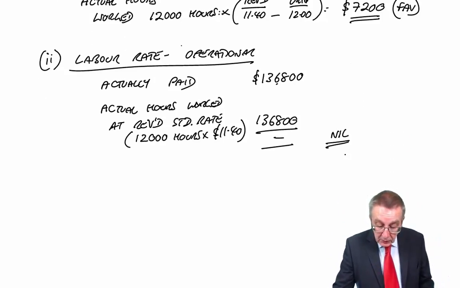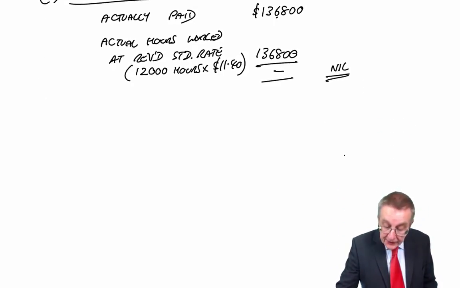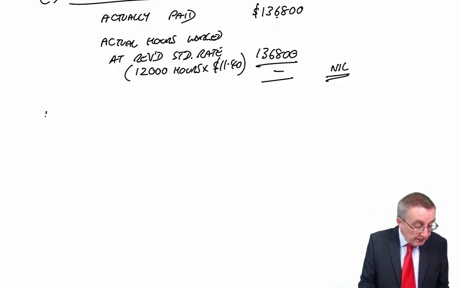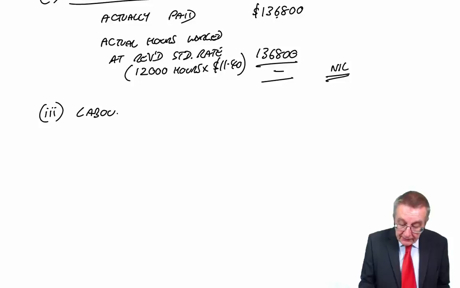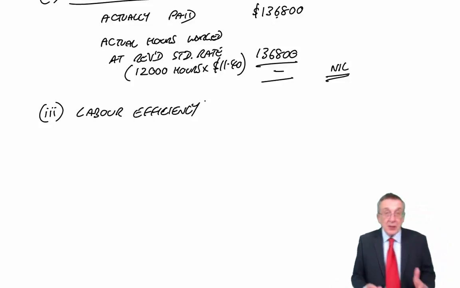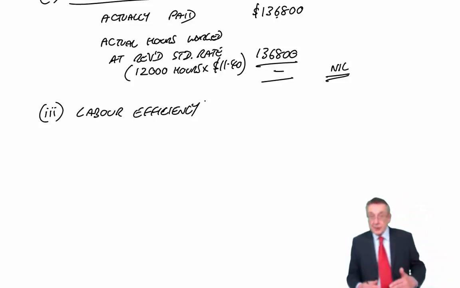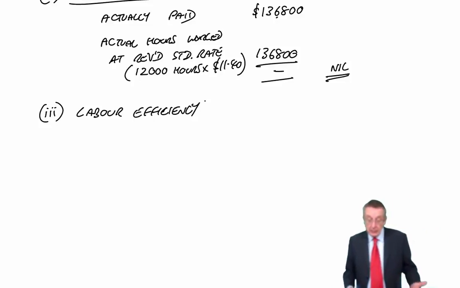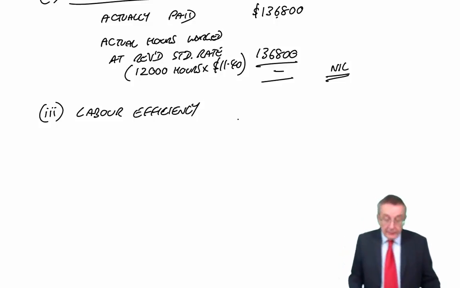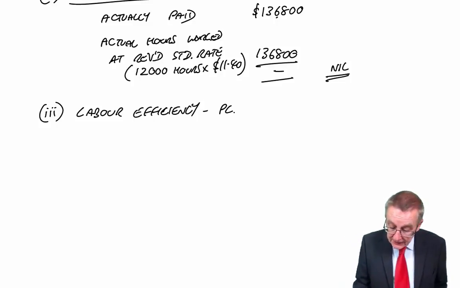So that's all well and good. Let's now look at the efficiency variances. So number 3, the labour efficiency. Now remember, efficiency, we're checking, did we work faster or slower than we intended? And first of all, the planning variance.